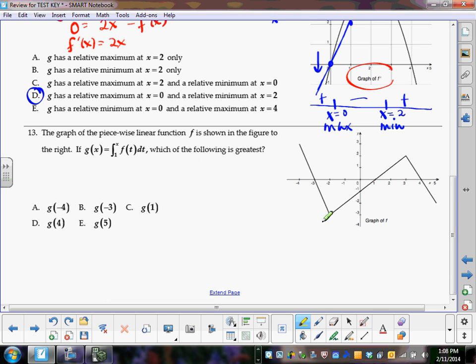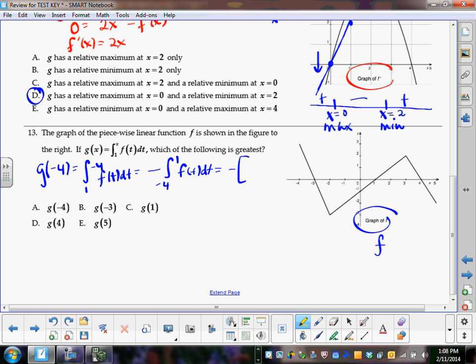So the graph of the piecewise linear function f is shown. This is f. Which of the following is greatest? So now g is defined as the area. If we're talking about g of negative 4, g of negative 4 is the integral from 1 to negative 4 of f, which is negative of the integral from negative 4 to 1, which is the correct order. I'm going to figure out these areas.